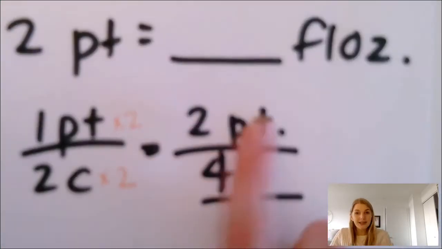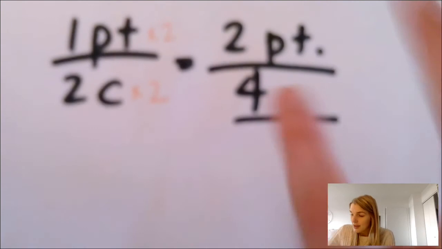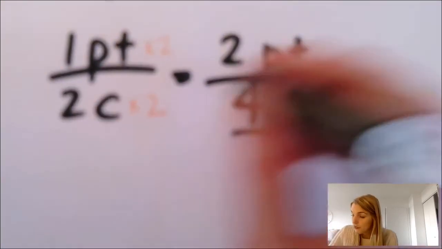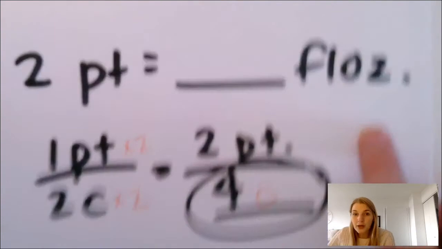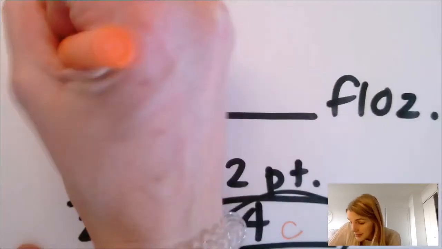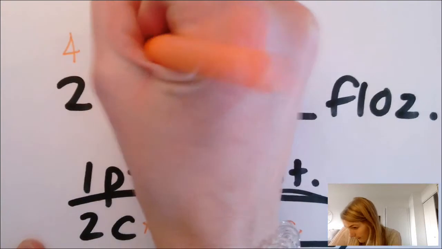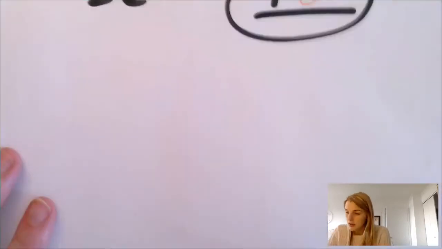But the question wasn't asking about cups. The question was asking about fluid ounces. So now we do our second step. Now we're talking about cups, 4 cups, and we're trying to figure out how many fluid ounces are in that. So remember, if we said that 2 pints is the same thing as 4 cups, how many fluid ounces is there? So let's see.